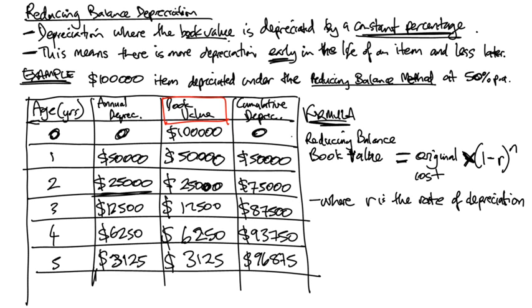The writing in these videos gets worse, I think, because the system's running out of RAM. Where r is the rate of depreciation as a decimal, and where n is the number of years.